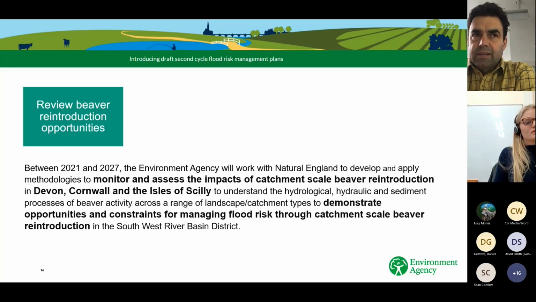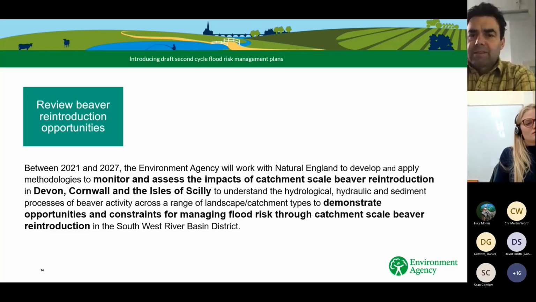So make sure that's referenced and that we are recognising the benefits of them, but also how you manage them where it's critical that they don't adversely impact flood defence infrastructure.